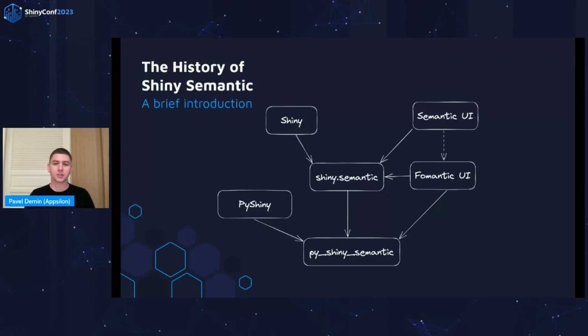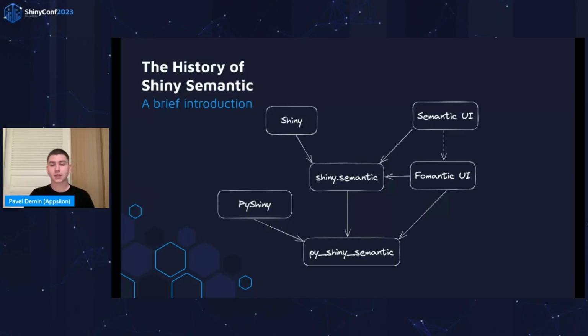This is why the Epsilon team decided to bring Semantic UI into R Shiny by building the Shiny Semantic package. Sometime later, Semantic UI was not very well maintained, and the dependency on it was replaced with Fomantic UI, which is a community fork of Semantic, which is actively maintained. However, the name of Shiny Semantic has stayed the same for compatibility reasons and for some other reasons.